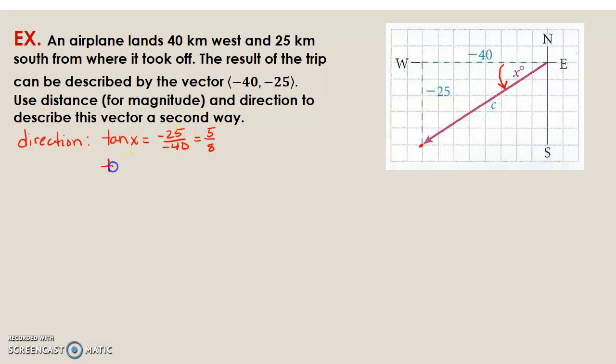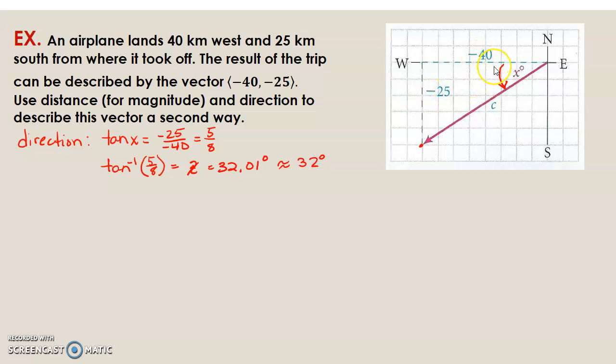So what you're going to put in your calculator is the inverse tangent of 5/8. Okay. So your angle x is 32.1 degrees. So we can just go with 32 degrees and call it good.